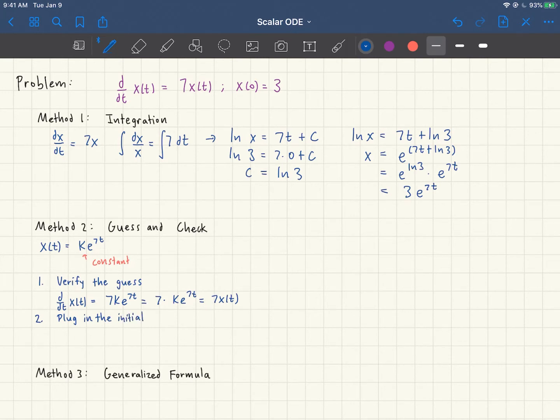We already know the initial condition is x of 0 is equal to 3. So then we say x of 0 is equal to k e to the 7 times 0, which is k e to the 0, or just k, and we know that's equal to 3. Therefore, we can say that our solution, xp of t, is equal to 3 e to the 7t.